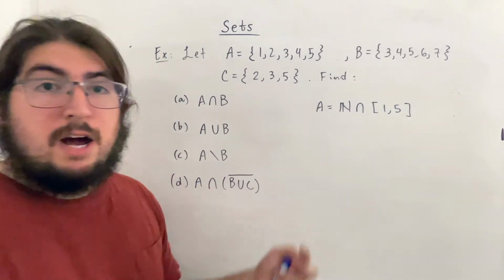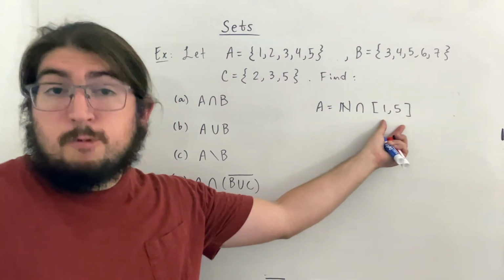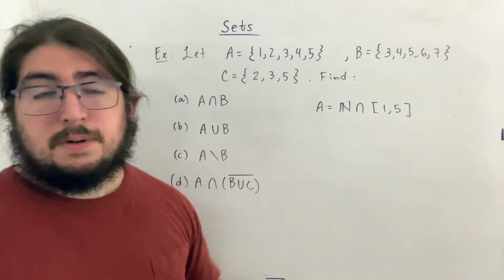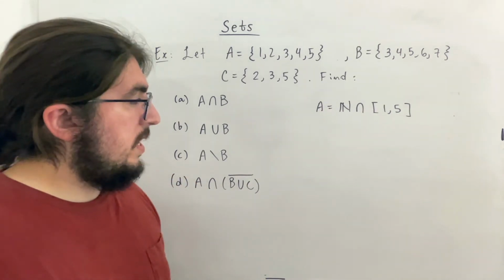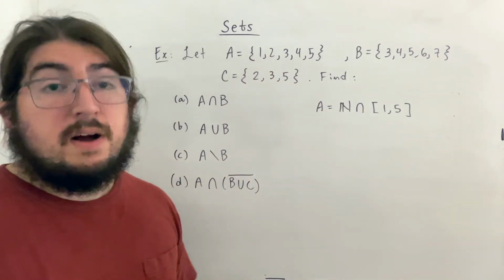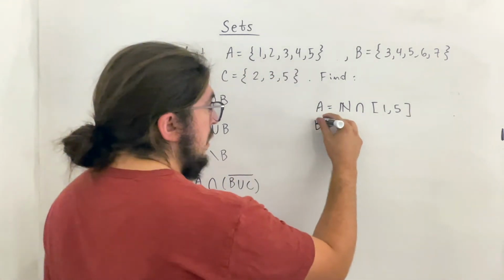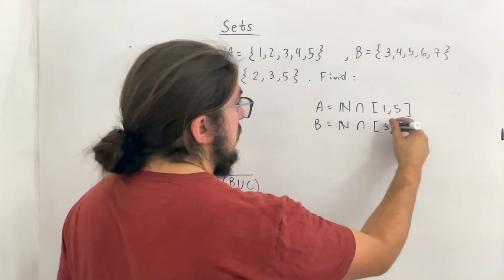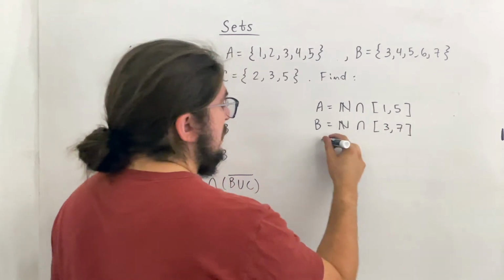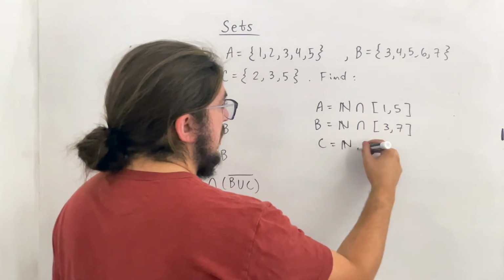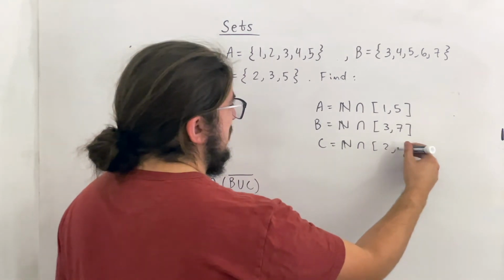So notice 1 through 5 is the set of all real numbers that are between 1 and 5, including 1 and including 5. So like pi, for example, is in here, 3.14159, and so on. But the intersection of that with the natural numbers is just the integers 1 through 5. And similarly, B is the intersection of the natural numbers with the closed interval 3 to 7. And then we can similarly say C is the natural numbers intersected with the interval 2 to 5.